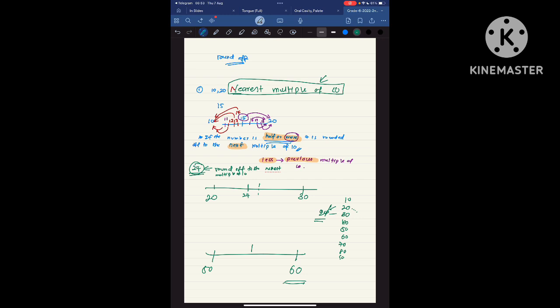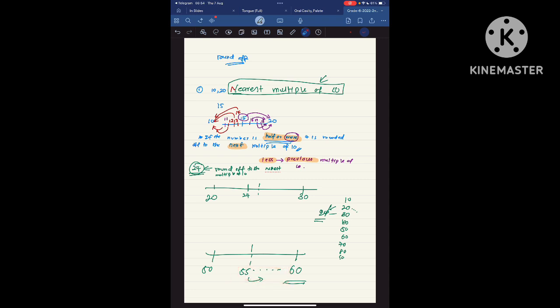So it has to be a number more than 55. Right? The number has to be either 55 or more than 55. It has to be a number among these.